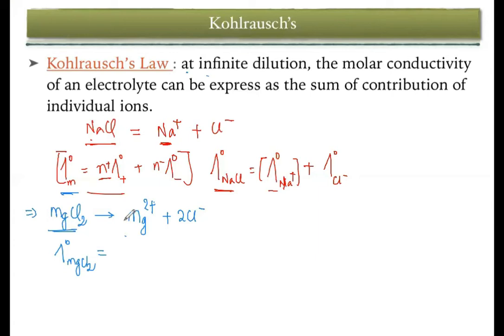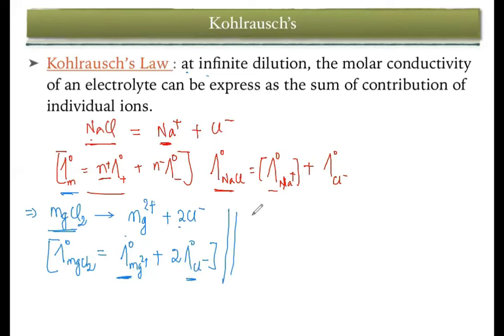Here n plus is 1, so lambda Mg2 plus infinite dilution, plus, here n minus is 2, so I am writing 2 lambda Cl minus infinite dilution. This will be the expression for lambda MgCl2 at infinite dilution. In the exam, they will give you these values, put the values and we get the answer.